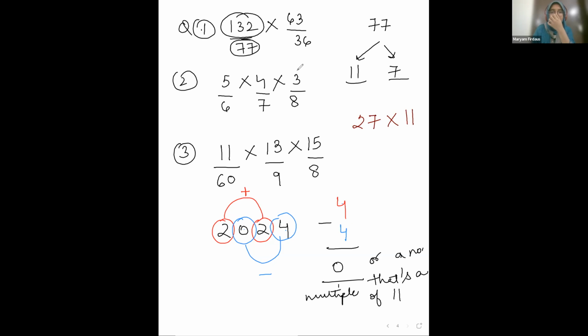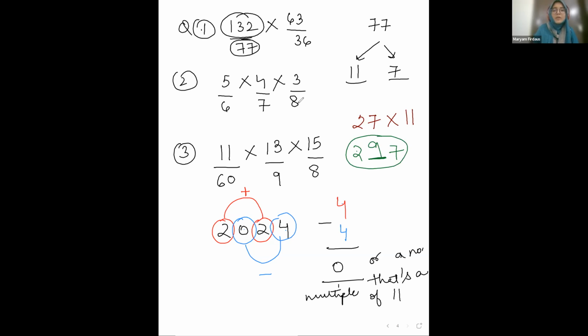The trick to solve this is just 2, then you put a gap, and then 7. Add these two. What is 2 plus 7? 9. So that is the answer for 27 into 11.